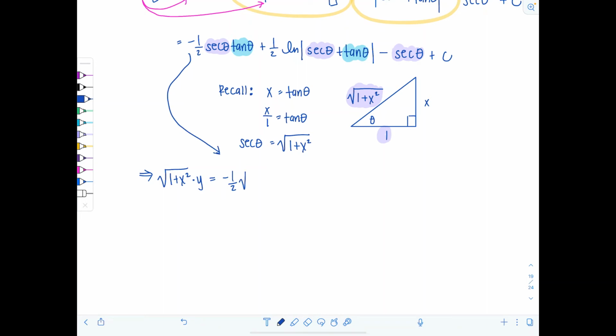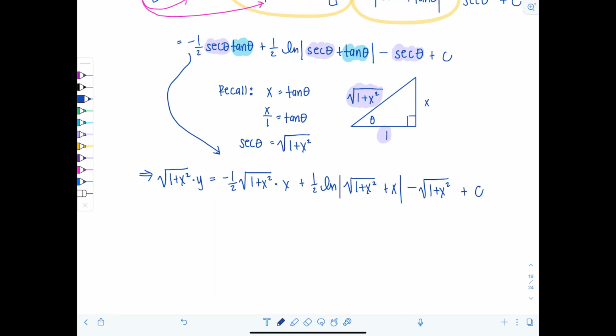Secant theta is rad 1 plus x squared times tangent theta is x plus 1/2 natural log absolute value secant theta, which is rad 1 plus x squared plus x, minus secant theta, which is rad 1 plus x squared plus c.